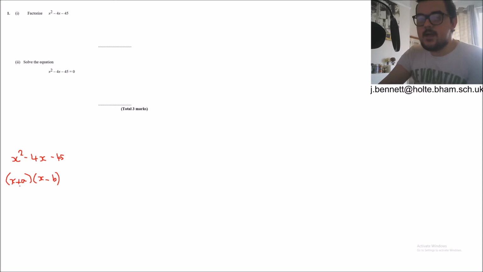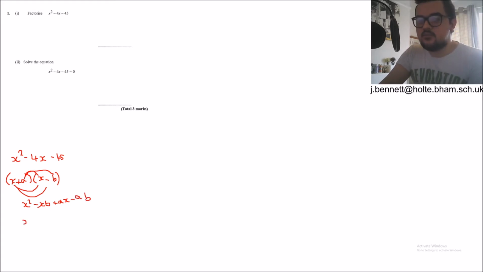When we expand that, we get x times x, which is x squared. X times minus b is minus xb. a times x is positive ax, and positive a multiplied by negative b is negative ab.